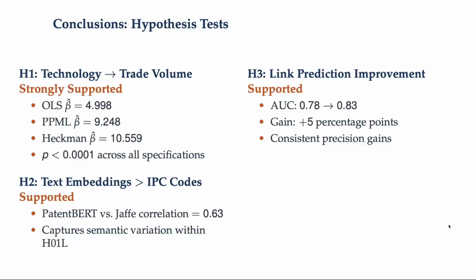And the third one is link prediction improvement. Using the prediction power of adding technology similarity, AUC is increased from 0.78 to 0.83, a 5 percentage point increase.